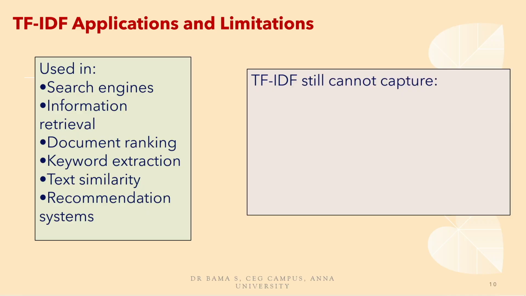The limitation is that it still cannot capture the semantic meaning; we do not know what that 0.16 is for. The word order, the sequence of words in the sentence, is still not captured. The context in which the words occur in the sentence is also not captured.